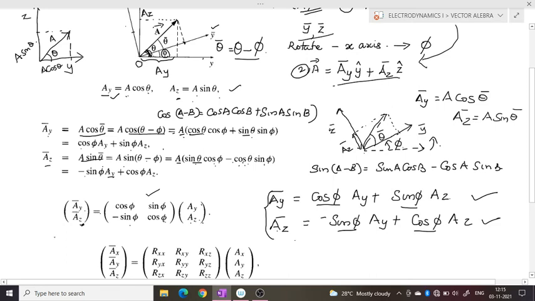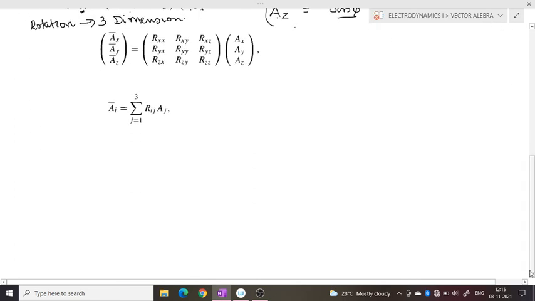So more generally, if we try to do a rotation about any arbitrary axis in 3 dimensions. This is a 2 dimension rotation. If it is in 3 dimensions, you can write a similar equation like this: Ax dash, Ay dash, Az dash is equal to the components.